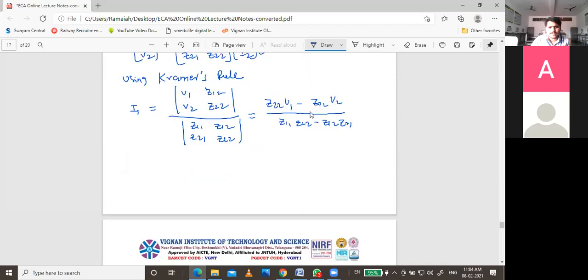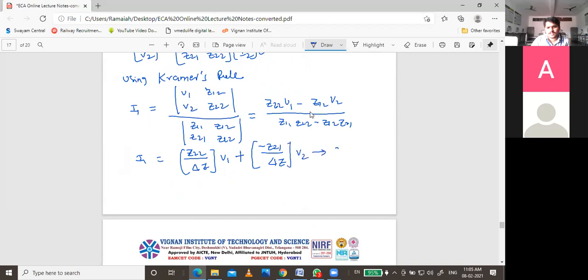This denominator is delta Z. So I1 equals Z22 by delta Z into V1 minus Z12 by delta Z, the determinant of the Z matrix, into V2.